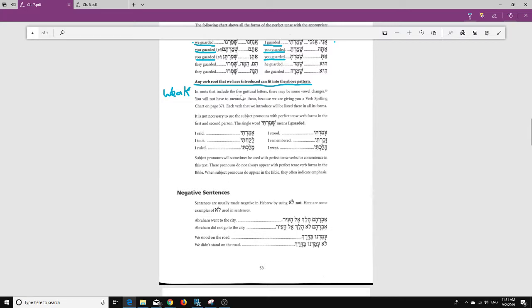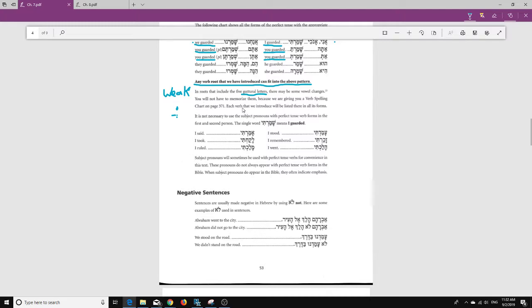One way that a verb could be weak is because it has a guttural letter in it. If you remember, gutturals cannot really take things like dageshes. They can't take a vocal shva. Instead, you have to have a hatef vowel of some sort. So gutturals are some of our weak letters, and because of that, they make verbs weak.